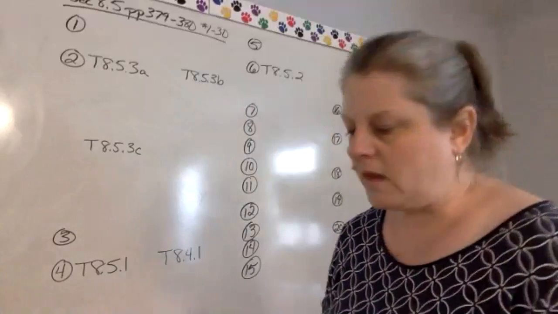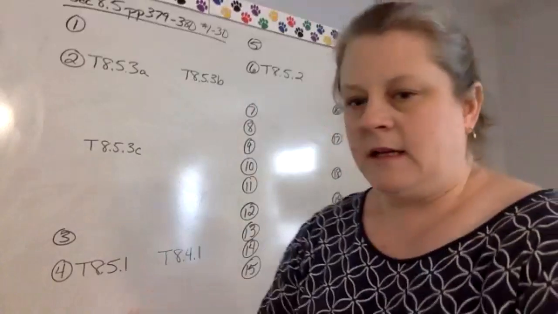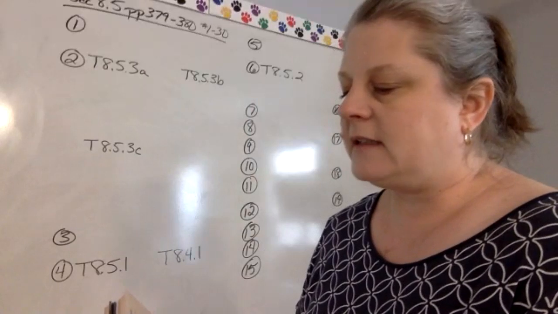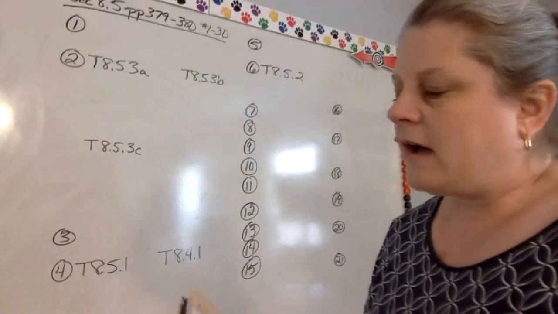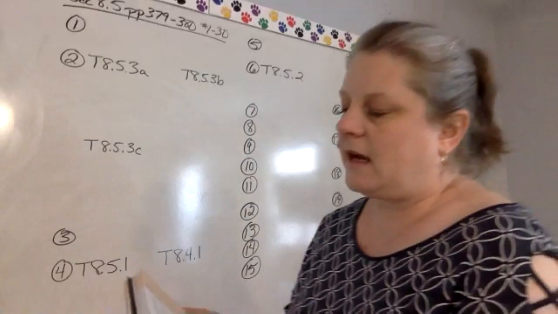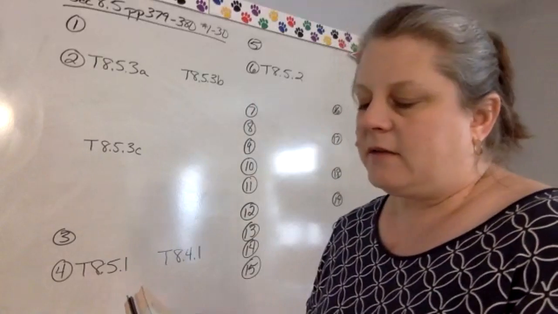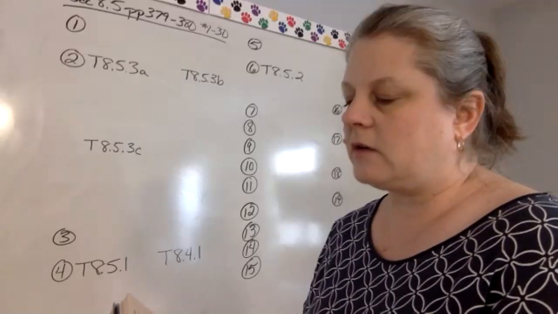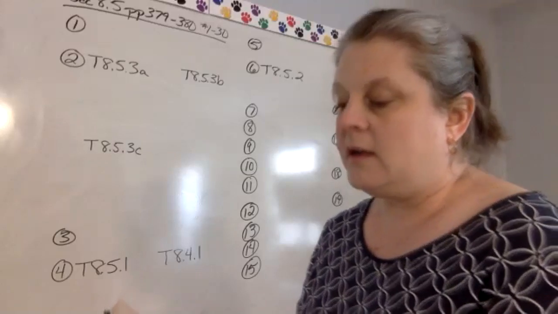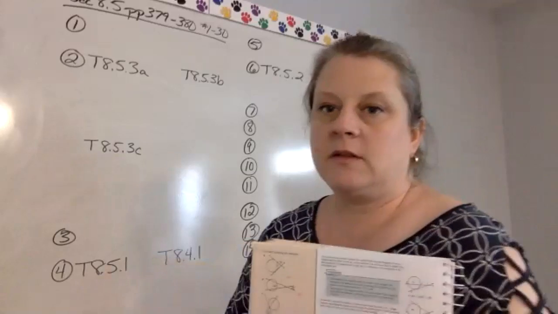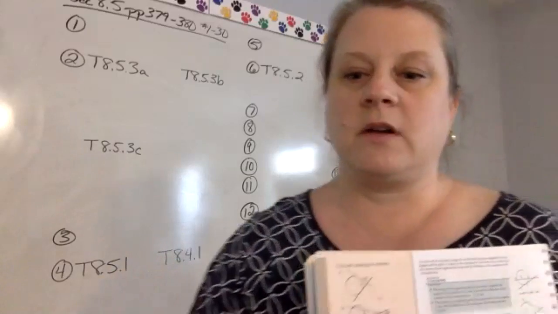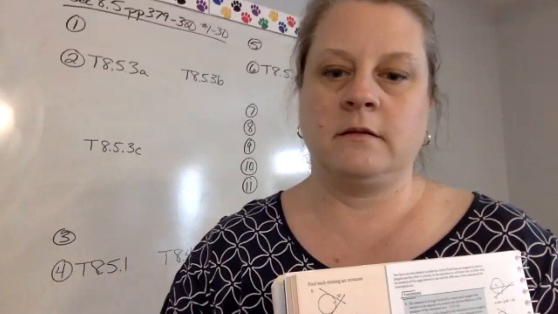So on number 1, it says, complete the following theorem combining the 3 cases in theorem 8.5.3A, 8.5.3B, and 8.5.3C. If the vertex of an angle intersecting arcs of a circle is in the circle's exterior, the angle's measure is what? If it's on the outside of the circle, what did we say it was?